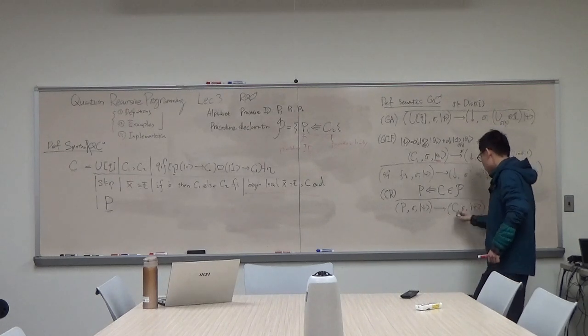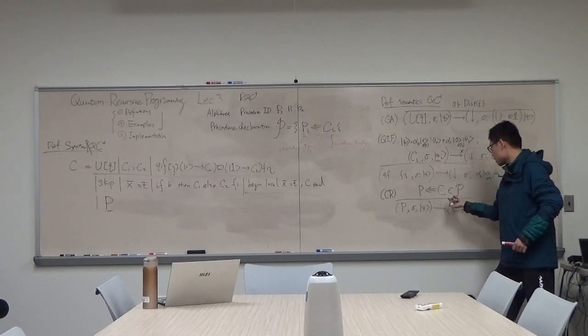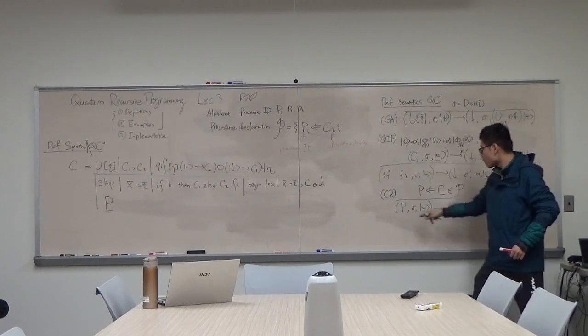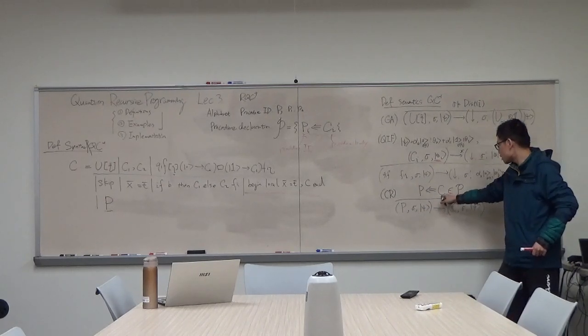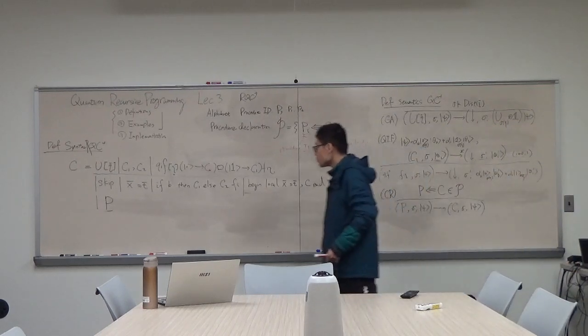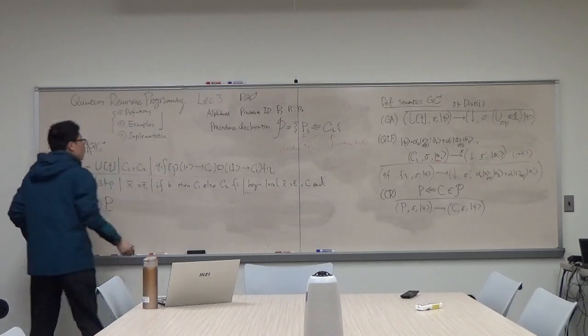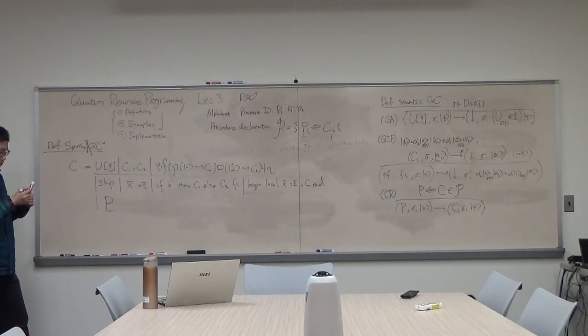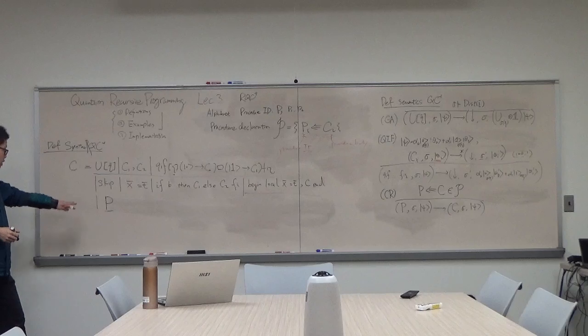So that's a very natural intuition for procedure calls. When you call P, you just put its procedure body in to execute. So this is the procedure declaration and procedure call without classical parameters.